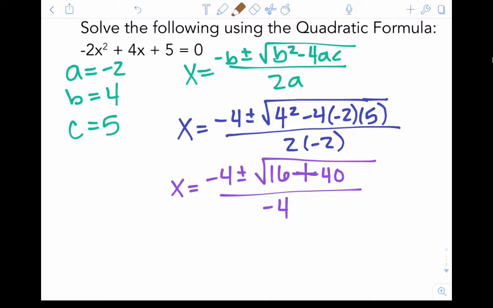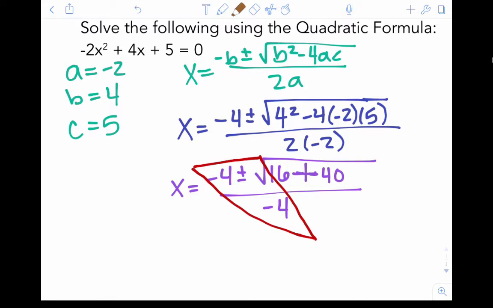Now, a lot of you look at this and you think, oh, I can simplify those negative 4s. But actually, you can't. With the quadratic formula, you need to have what I call the Bermuda triangle. And the Bermuda triangle connects the outside to the denominator to the edge of the square root.